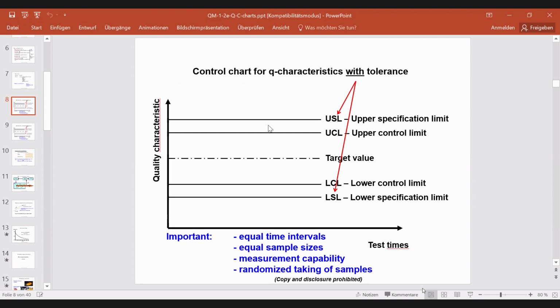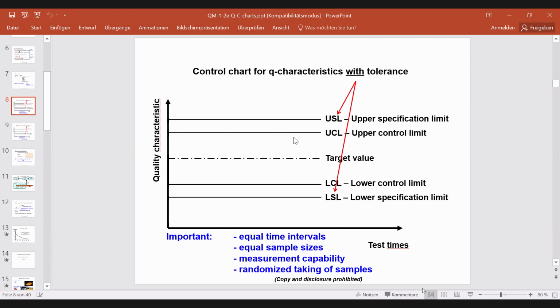So the upper specification limit here is one tolerance limit, and here you have the lower specification limit, which is the lower tolerance limit. And now inside this tolerance area, you have the upper control limit and the lower control limit.